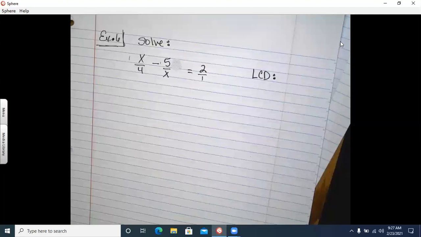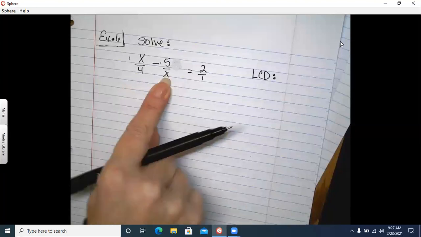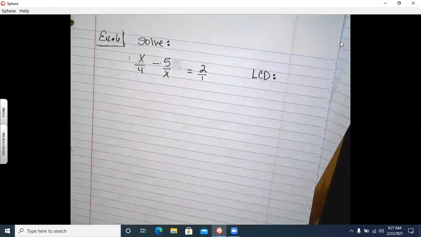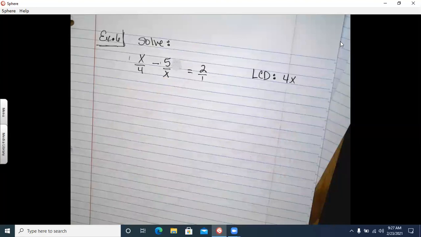What would I need to make this 4 cancel? A 4. What would I need to make this x cancel? An x. Just 4x. They're not binomials, just monomials. So my least common denominator is just going to be a monomial.